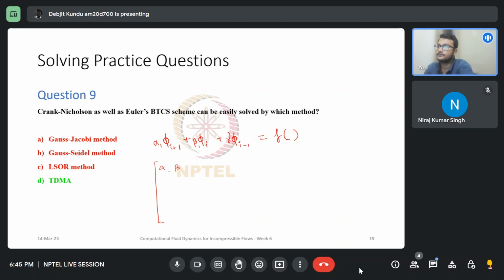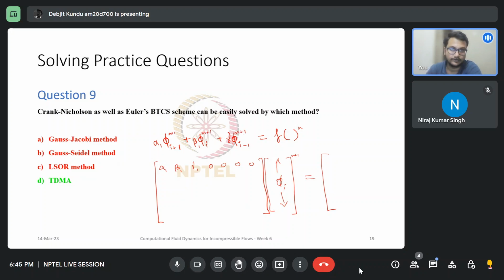So the matrix would look something like this, and there would be 0 all over, and this side we will have all the phi's. So from phi 1 to phi n we will have here all these at the n plus 1th time level, which are unknown.